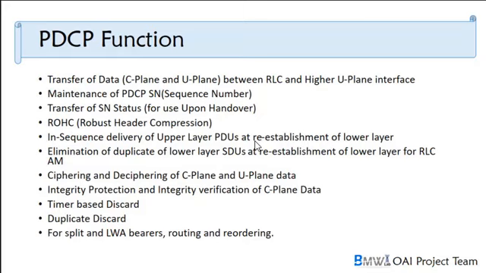The second function is maintenance of PDCP sequence numbers and transfer of sequence number status for use upon handover. Handover has already been mentioned by Gina. And ROHC, robust header compression, is used for avoiding wasting resource allocation.